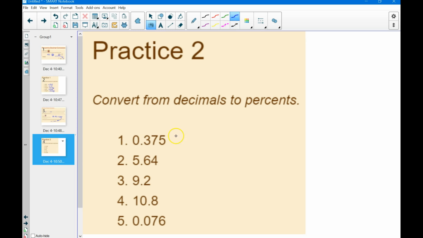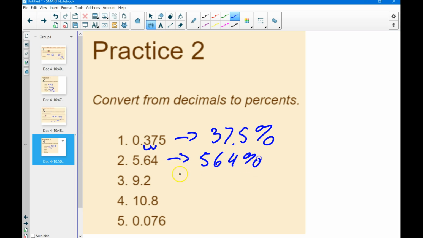In any case, again, this is just as simple as before. Move the decimal 2 places to the right, and this becomes 37.5%. This becomes 564%. This one looks a little tricky, but it becomes 920%. We don't have a 0, so we just put one in.